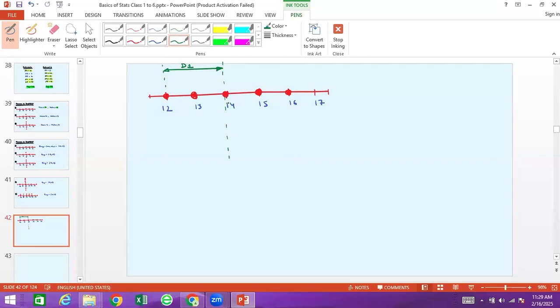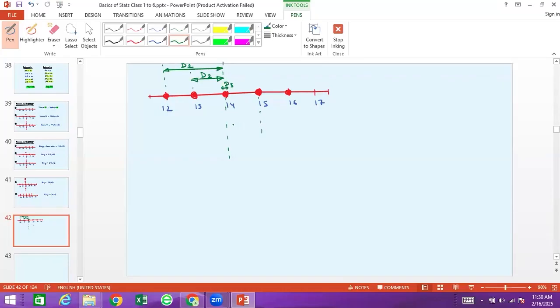Okay, my mean is at 14. So this is what distance 1 is. The second point is at distance 2. Third point, that is this point, is distance 3. It is on the mean itself.